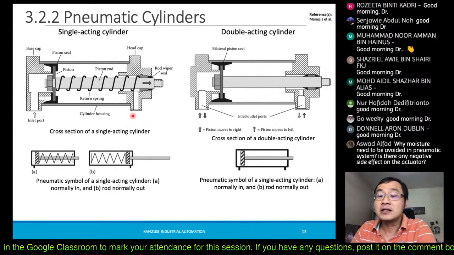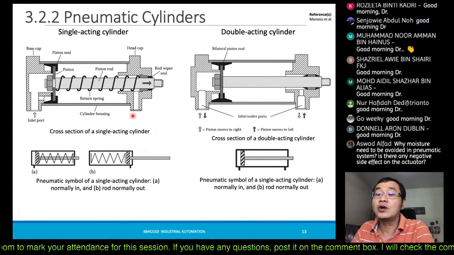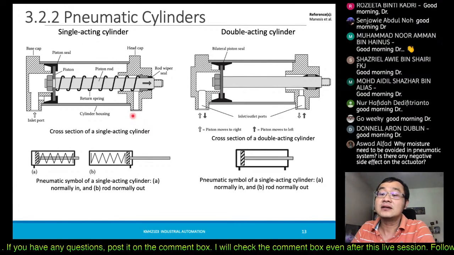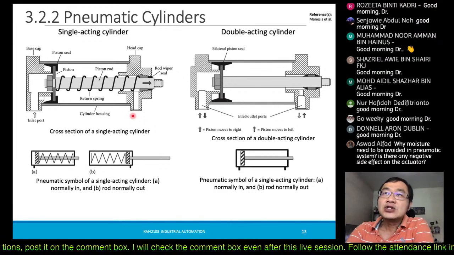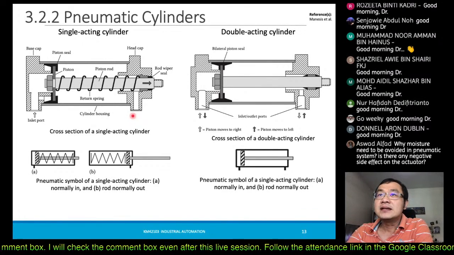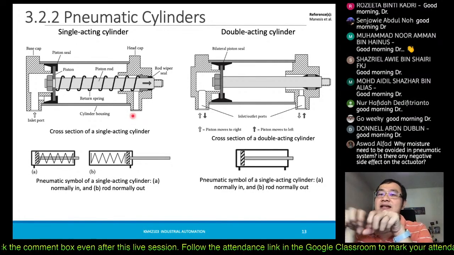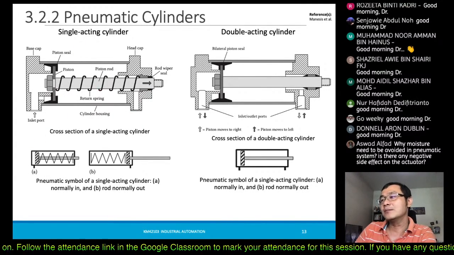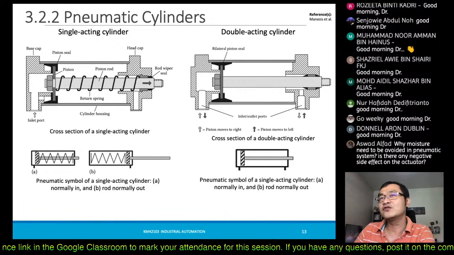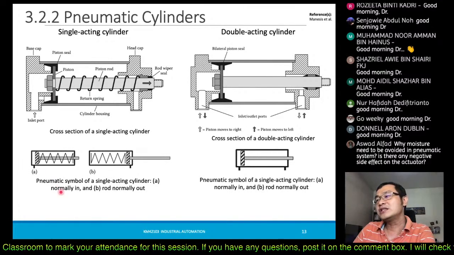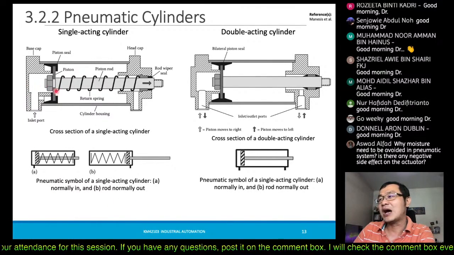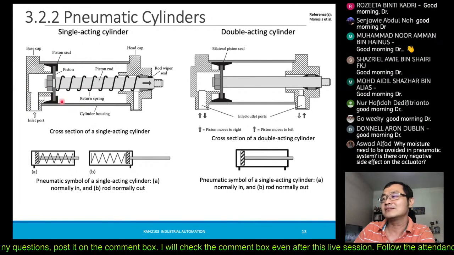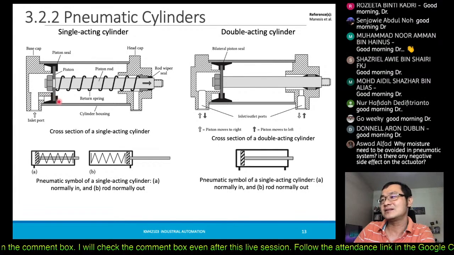Why does moisture need to be avoided in a pneumatic system? Is there a negative side? Yes. When the pneumatic piston, let's say this is the pneumatic piston, if the moisture is not removed, eventually all this moisture will enter our cylinder, and all this water will accumulate somewhere here.